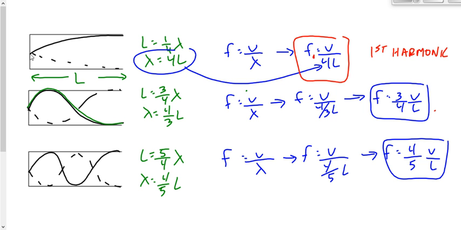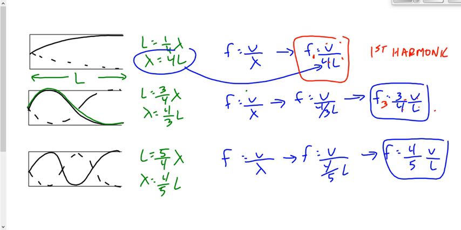Compare that second one's value to the first one. V over 4L, 3V over 4L. Is it twice as much? Is it 3 times as much? 3V over 4L is 3 times the value of 1V over 4L.